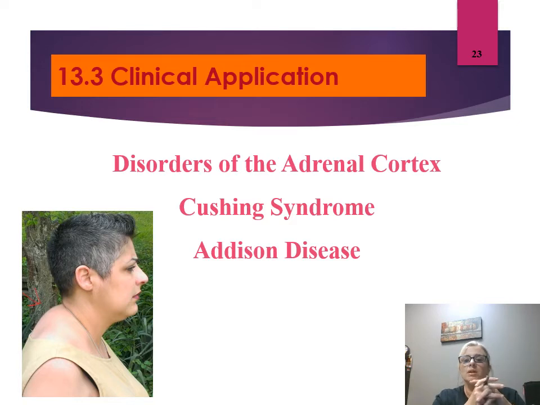Cushing syndrome is caused by hypersecretion of the cortical hormones or oversecretion of ACTH by the anterior pituitary. Tumors can actually cause these changes in secretion, or if you take too many corticosteroid drugs for a long time. When we say corticosteroid drugs, we're talking about typically when you take steroids, and we're not talking about a 5-day or 10-day dose pack.